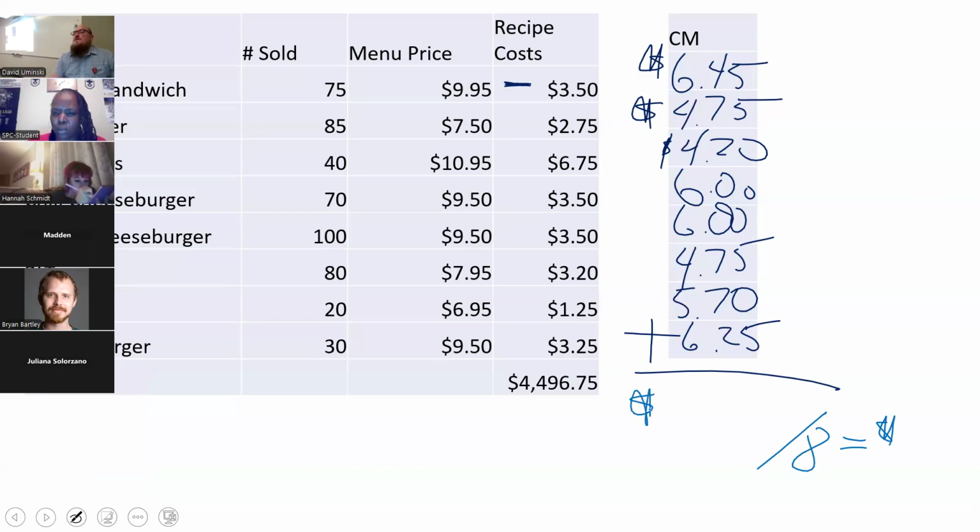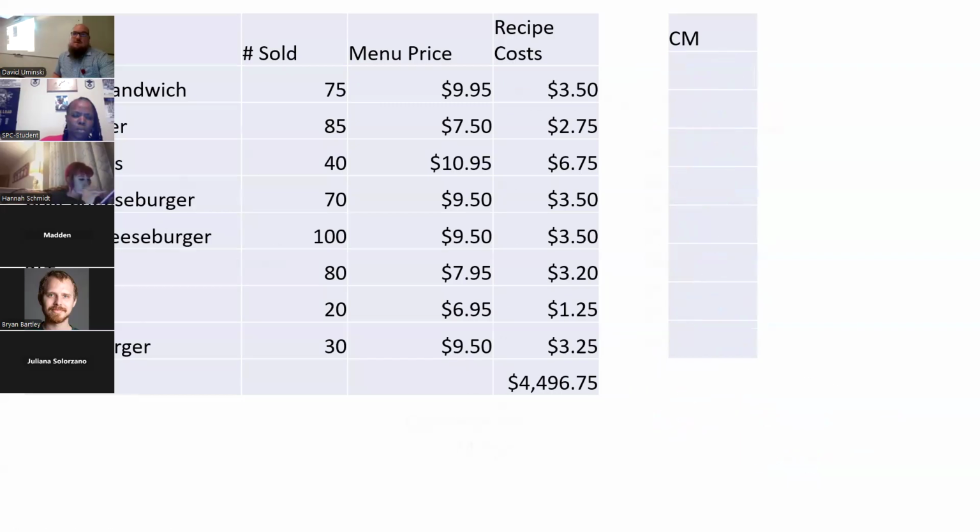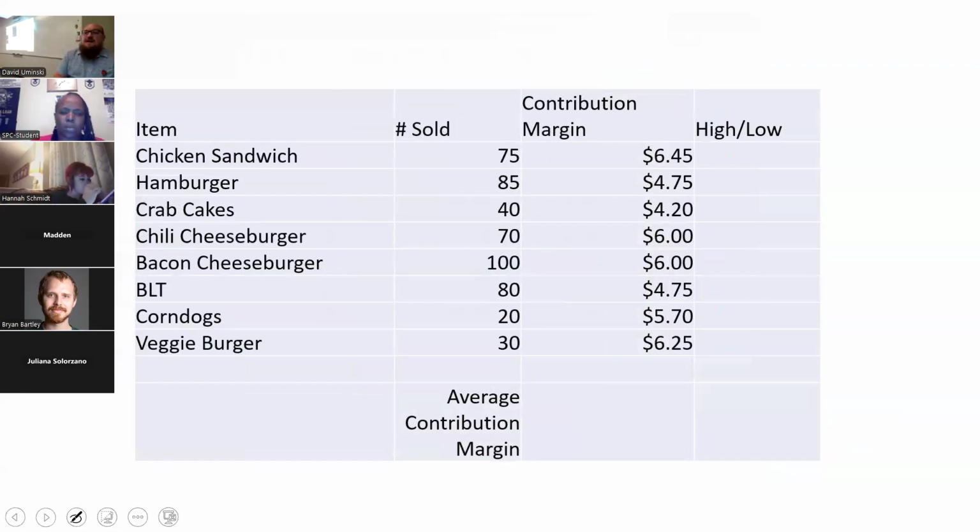What was the total? $44.10. We divide by 8 and we get $5.51. So that is my average contribution margin.